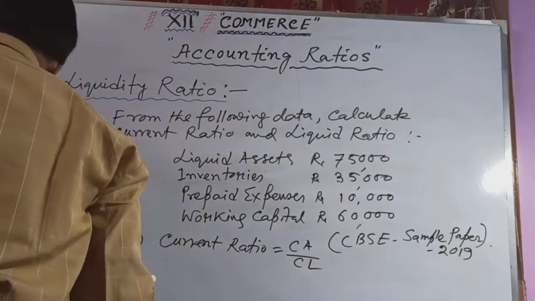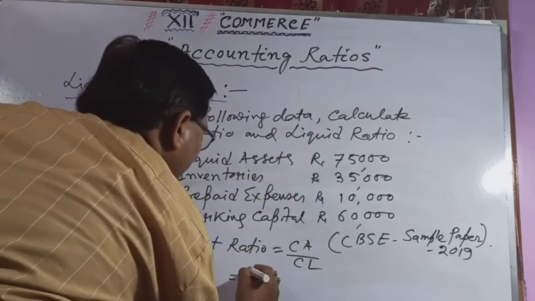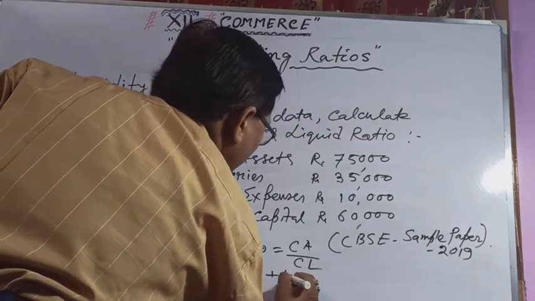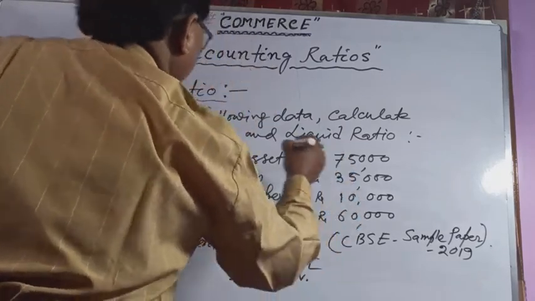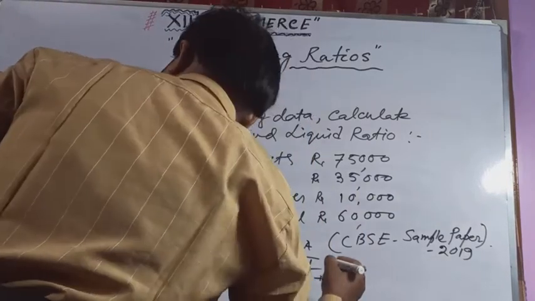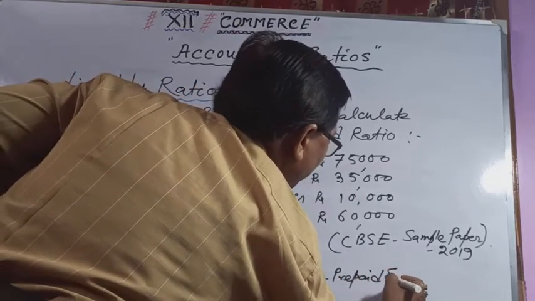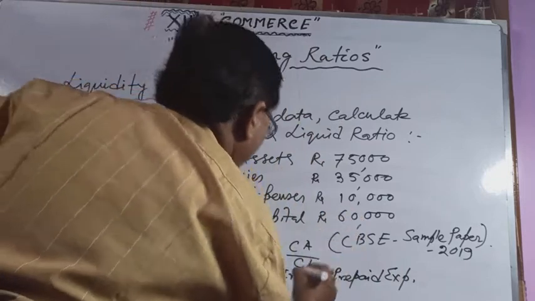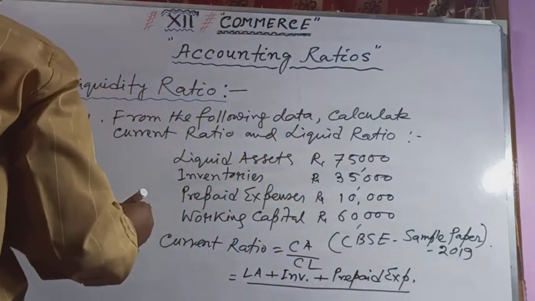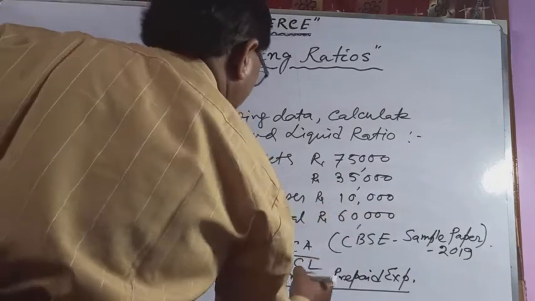But here current assets mean the liquid assets, short form LA, plus inventories, plus prepaid expenses, by current liabilities. But here current liabilities are not given, but working capital is given.